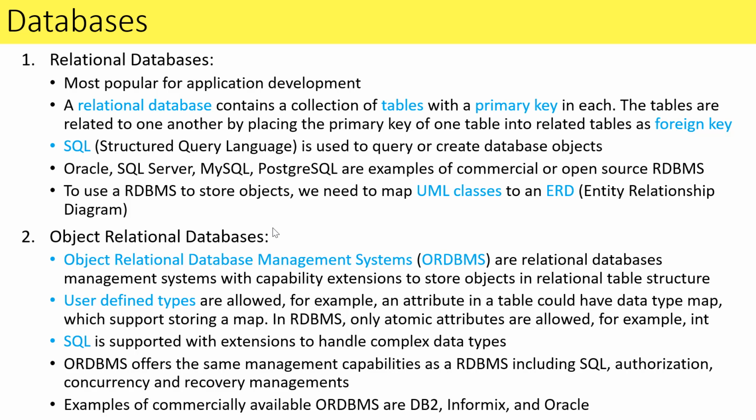Another type of database management system is called object relational databases. Object relational databases are basically relational database management systems that allow the creation of classes. Some database management systems like Oracle and PostgreSQL allow you to create classes and then reuse those classes.